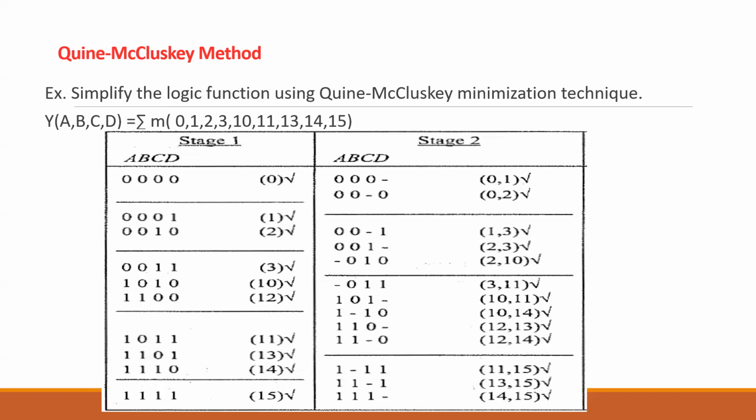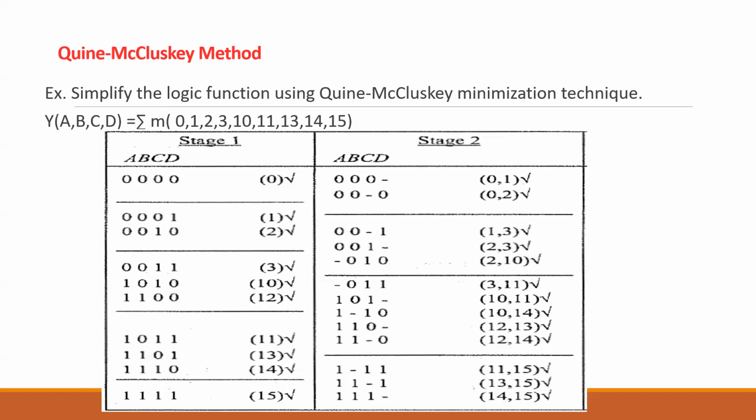That's why 0, 0, underscore, 0. This minterm pair is 0, 2. A check mark or tick mark we assign to indicate the first group minterms. These are compared with second group minterms, and we get the two groups of minterms as 0, 1, 0, 2.